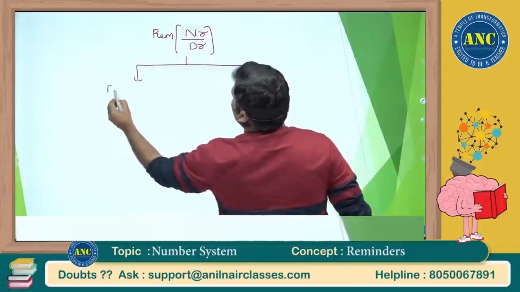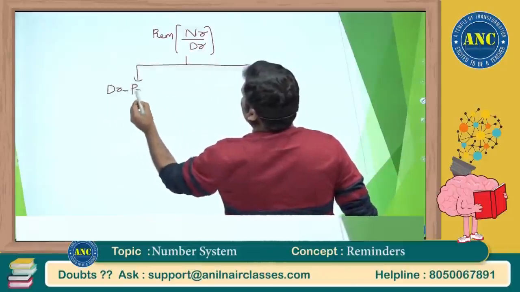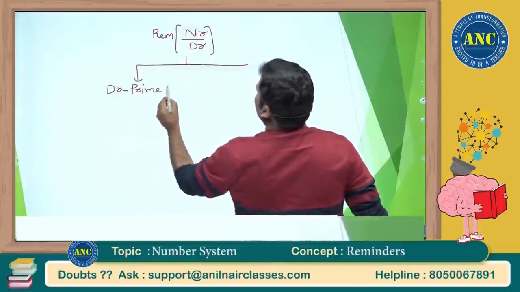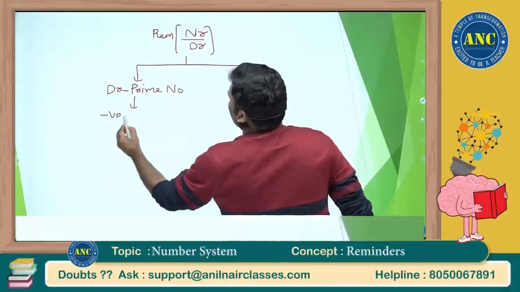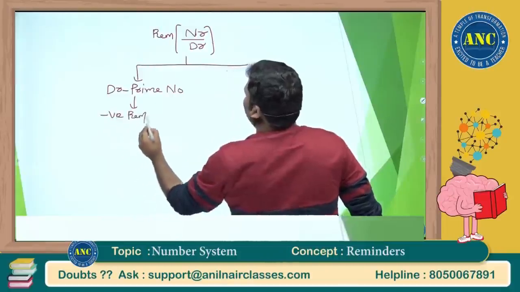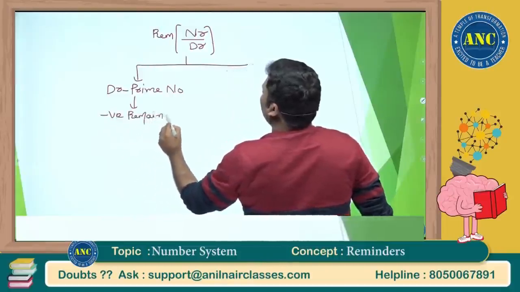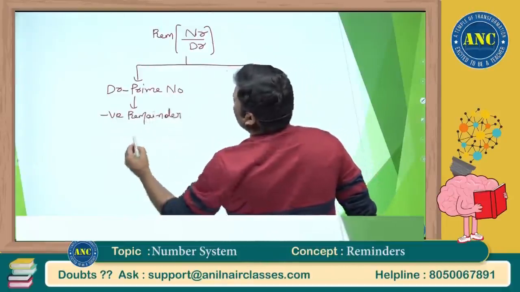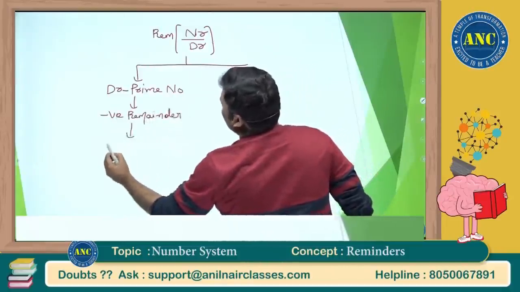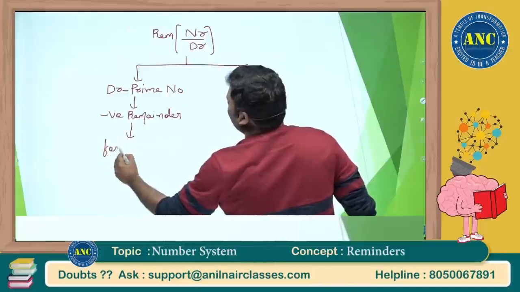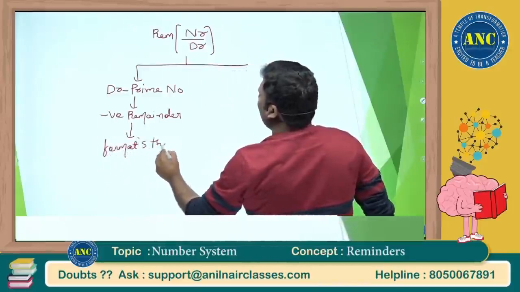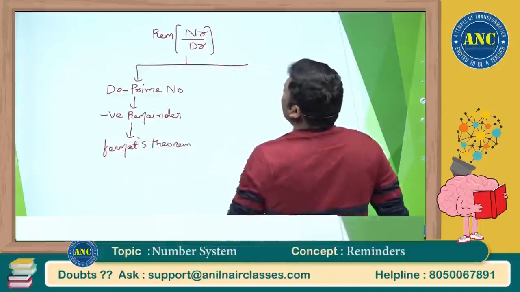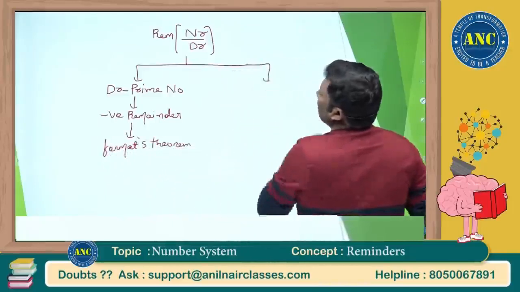If the denominator is a prime number, first use negative remainders. If you are able to solve it very quickly by using negative remainder, stop. If it is taking more time, then go to Fermat's theorem. This is an extremely important slide, sir.